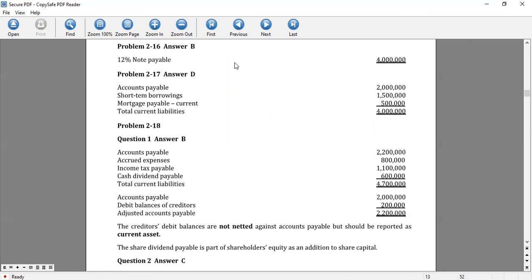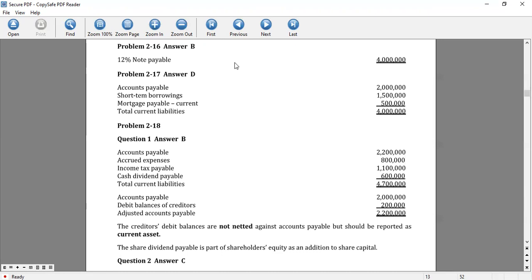What total amount should be reported as current liabilities on December 31, 2020? We are given accounts payable, short-term borrowings, bonds payable due 2022. The year now is 2020.